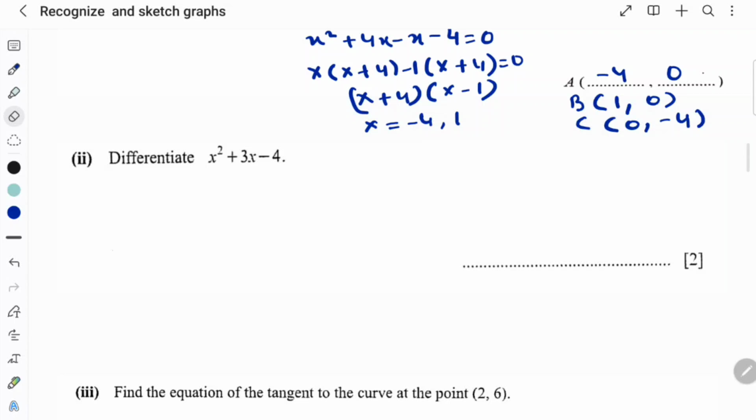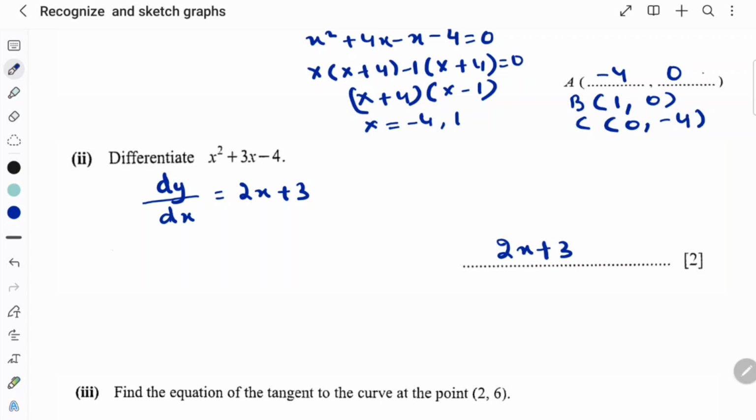Alright, then in part 2, differentiate the equation x square plus 3x minus 4. You know how to differentiate: multiply the coefficient with the power and reduce the power by one. Students of the other syllabus, please don't do it, it's not in your syllabus. So that is 2x plus 3. After that, they are asking you to find the equation of the tangent to the curve at the point (2, 6).